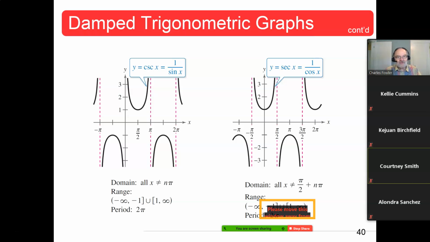Okay, they're talking about symmetry here, so the first blank is even or odd, and the second blank is what they're symmetric to. So what are tangent, cotangent, and cosecant functions? Even or odd? Odd, absolutely. And so the graphs of the functions have symmetry with respect to the origin.